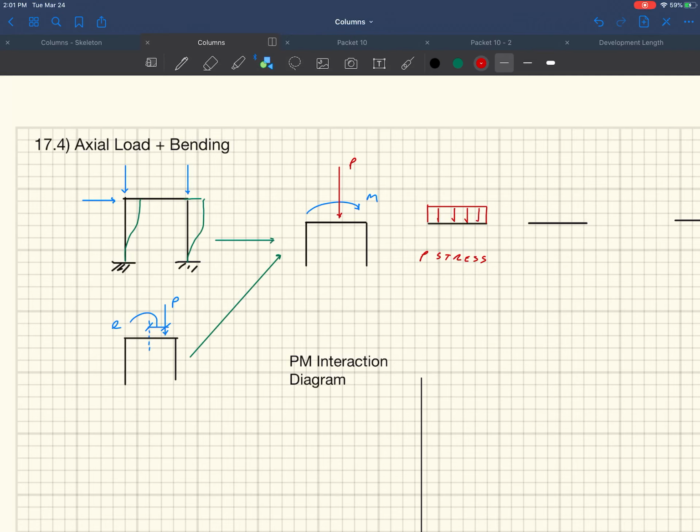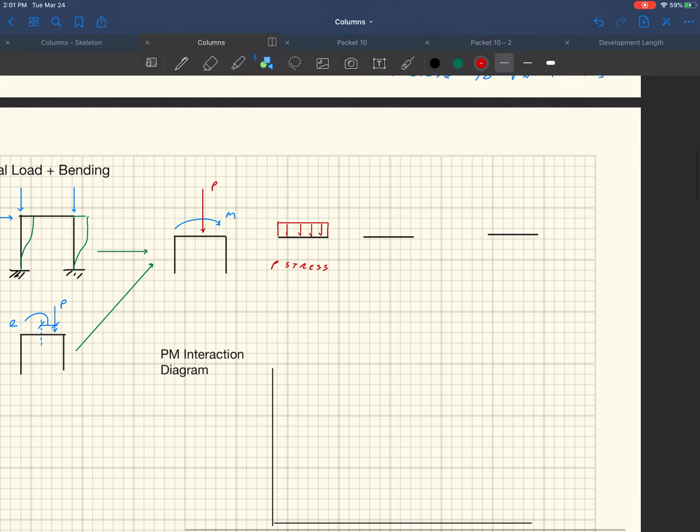But if you look at the bending component, the bending stresses would do this. So this is bending stresses.